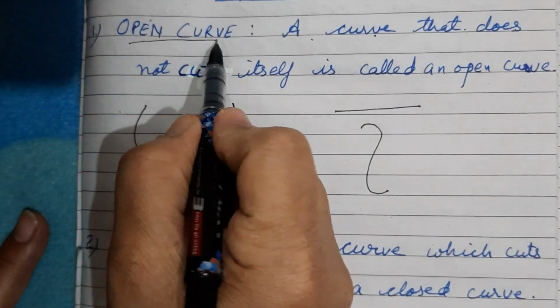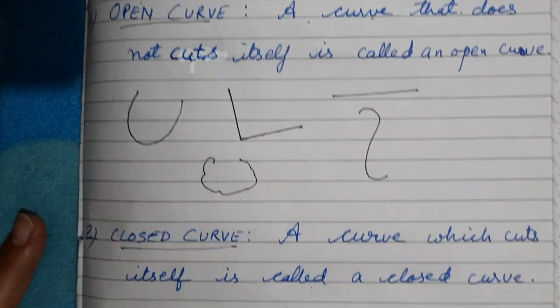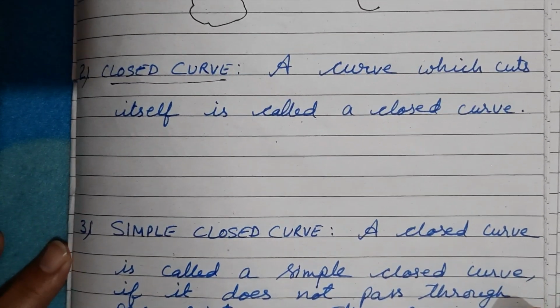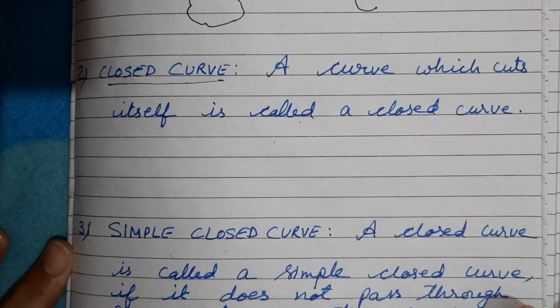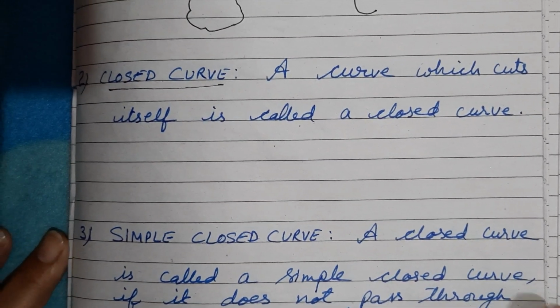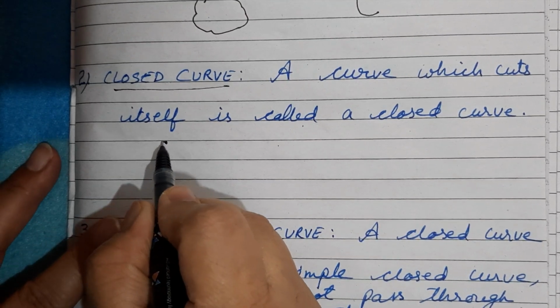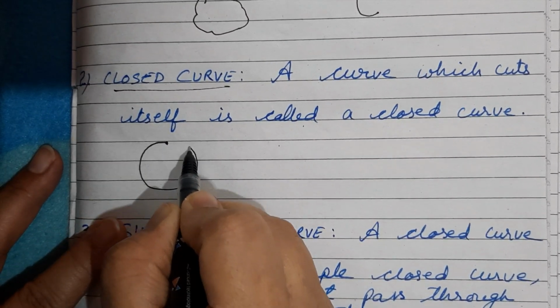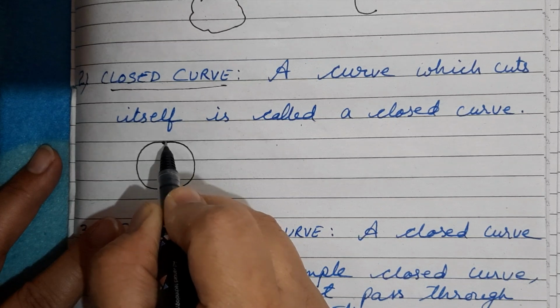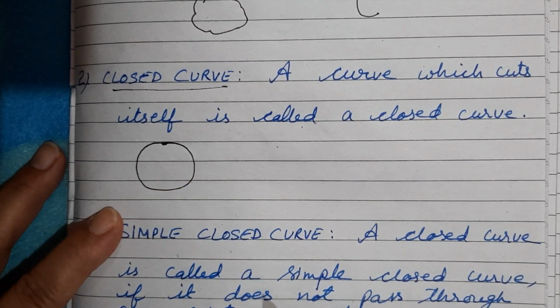Next is closed curve. A curve which cuts itself is called a closed curve. So starting from here, it just touches the starting point. It is a closed curve.